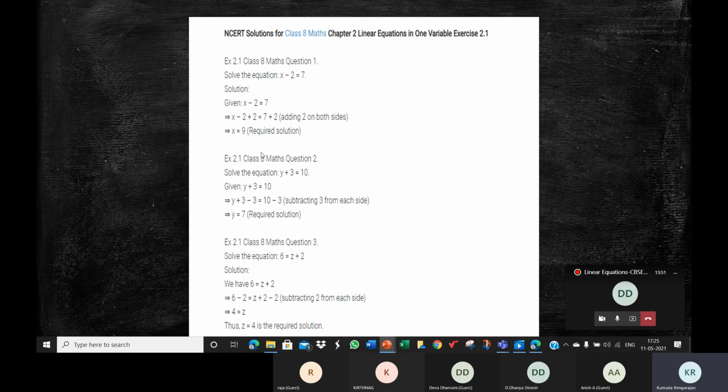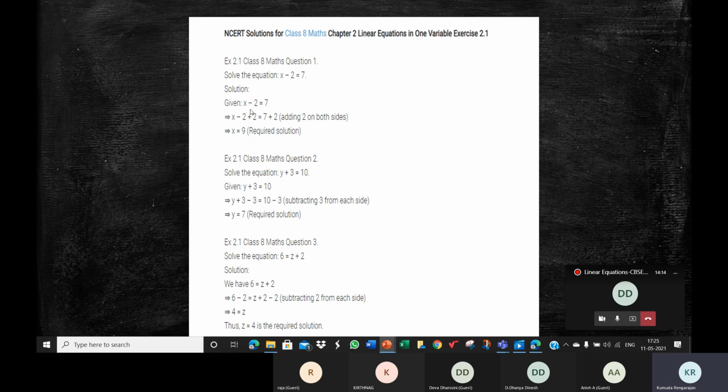Whether you add, subtract, multiply or divide, perform the same action in both the LHS and RHS, because we're working with an equation.